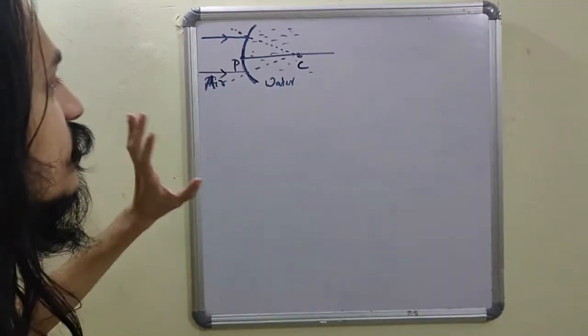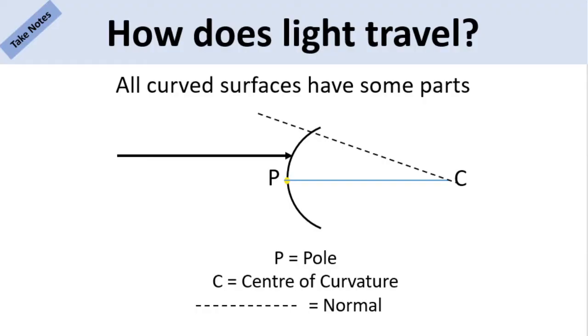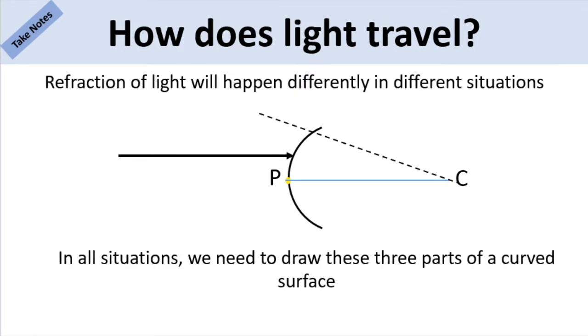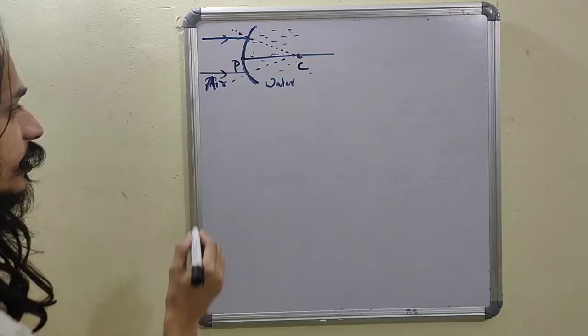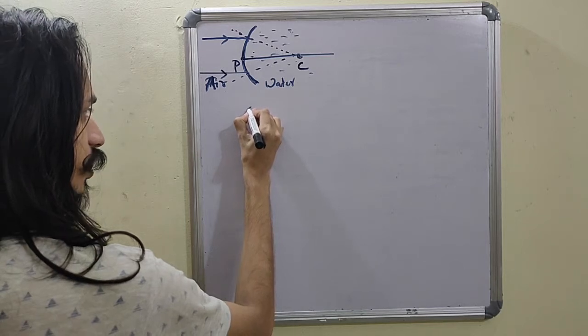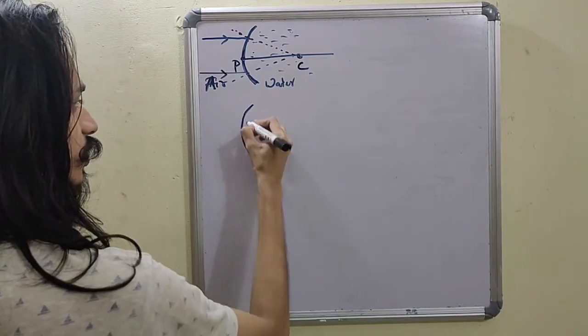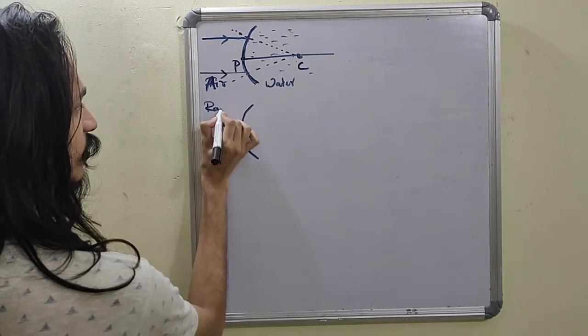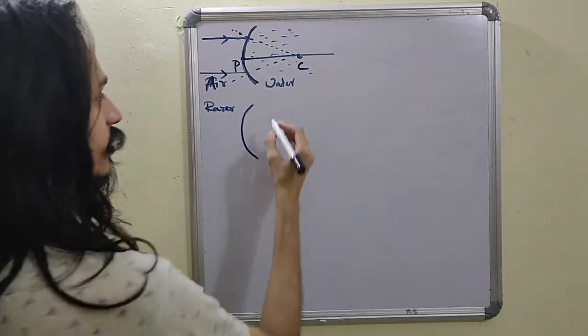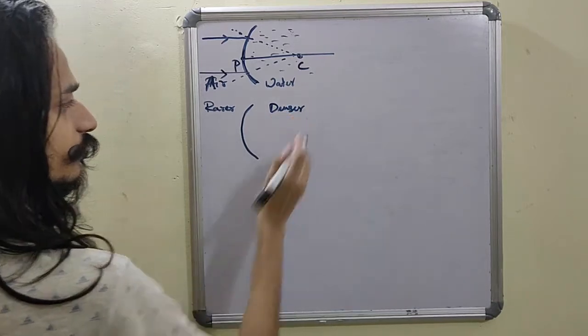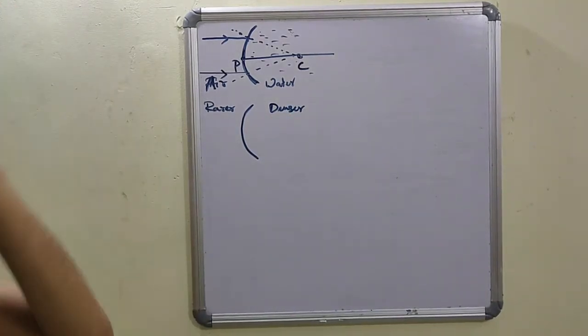Just keep in mind every curved surface we are going to draw something like this. There is going to be a curved surface, there is going to be a medium. Rare medium is like air, denser medium is like water. So I'll just take one example and run with it.